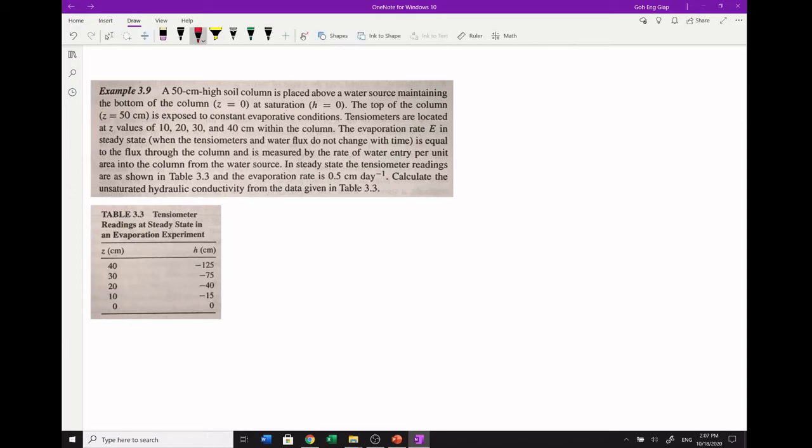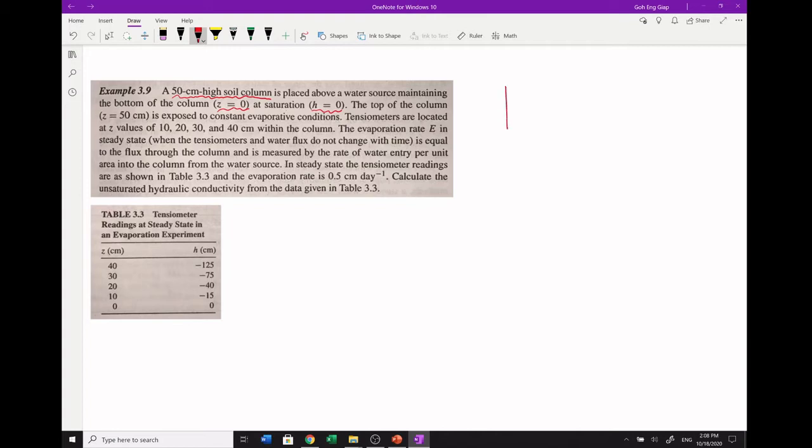It's placed above a water source, maintaining the bottom of the column, Z equals 0, at saturation. So the bottom of the column is in touch with the water.